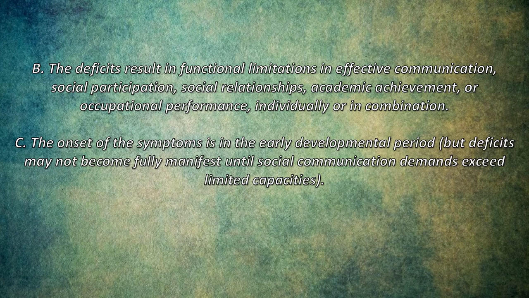Section C, though, is: the onset of the symptoms is in the early developmental period, but deficits may not become fully manifest until social communication demands exceed limited capacities. What this is saying is that you'll usually see some sort of very basic form of this when they're young, usually more of that fourth symptom of not understanding literal context.